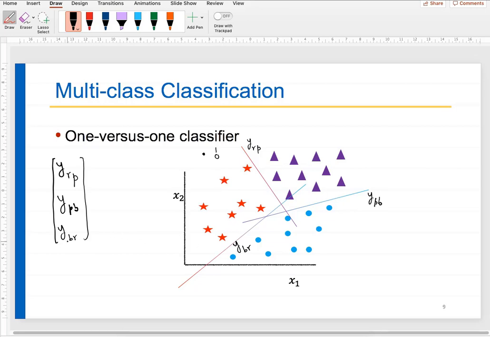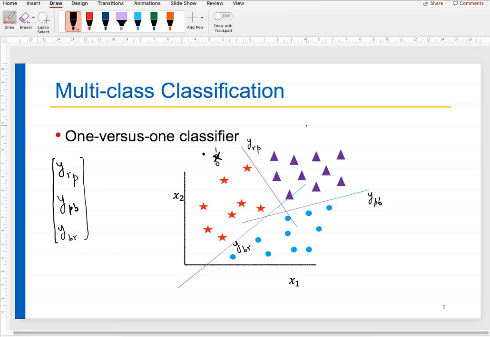Because blue versus red will be 1 if it is blue and 0 if it is red. So it lies on the red side of the line, therefore it has to be 0, right? What about purple versus blue? Yes, you are right. This point will be don't care. This can be anything, it could be any value, we don't care.